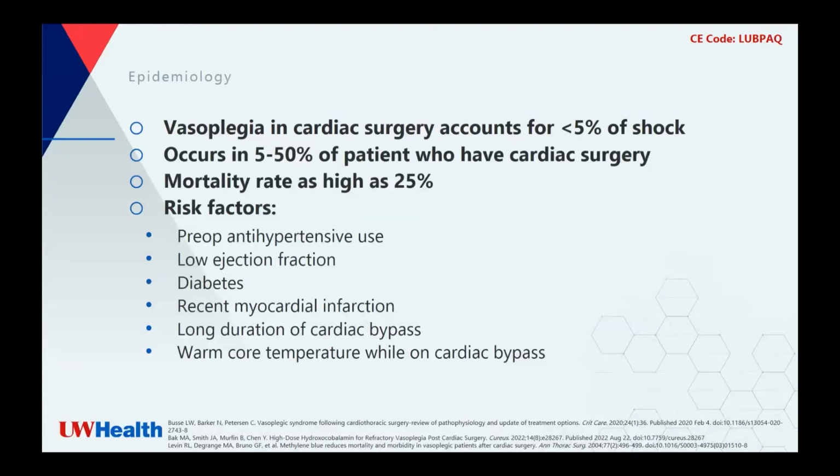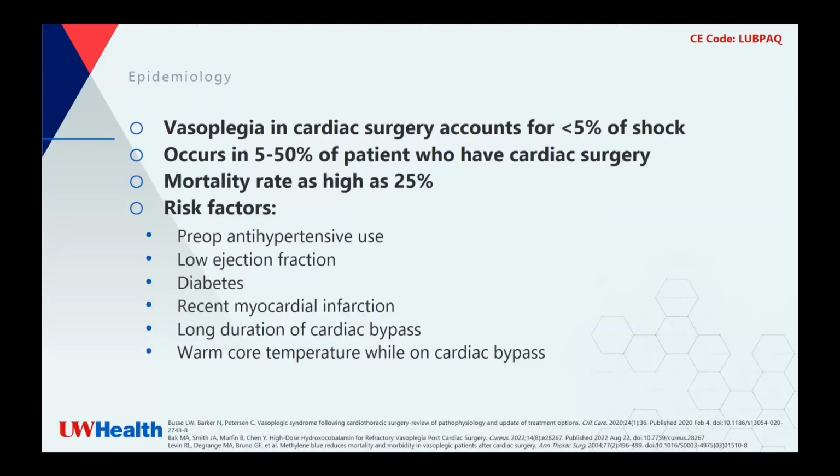So as we know, there's different types of shock, including distributive shock, obstructive shock, hypovolemic shock, and cardiogenic shock. Vasoplegia in cardiac surgery is a specific type of distributive shock, and it accounts for less than 5% of all shock states. But in those who have cardiac surgery, the incidence ranges from 5% up to 50% of patients experiencing vasoplegia.